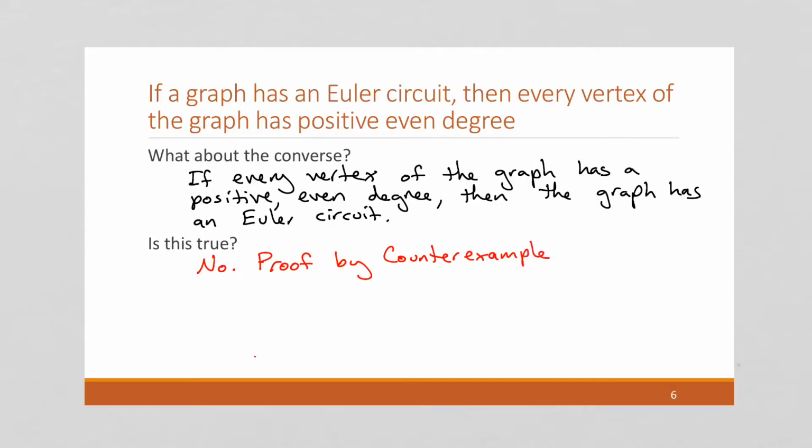I'm going to do proof by counterexample. So I'm sure there's an infinite supply of graphs you could come up with. This is the simple one that I like. All right, every vertex has degree 2.